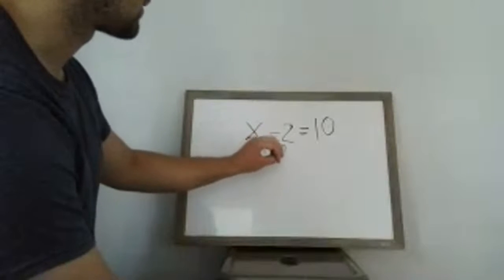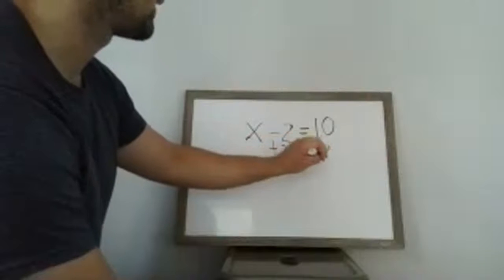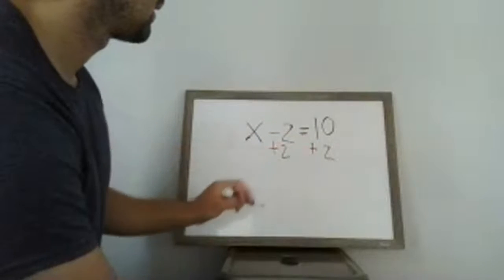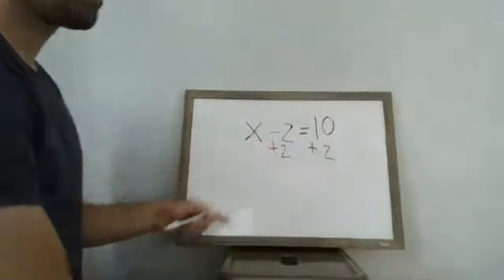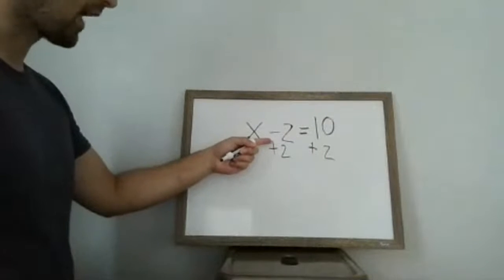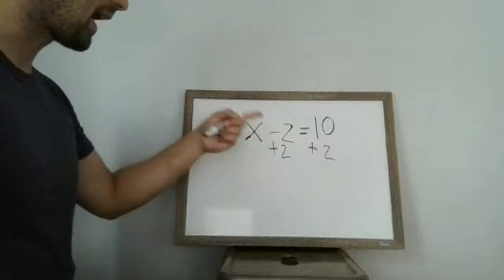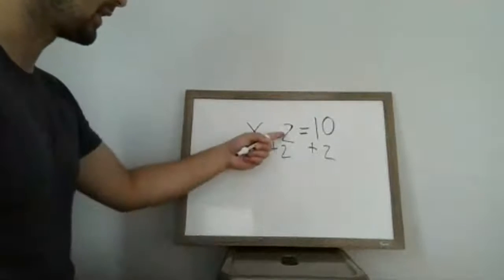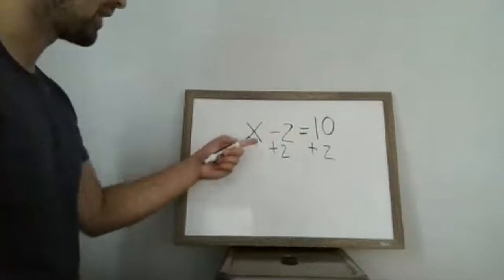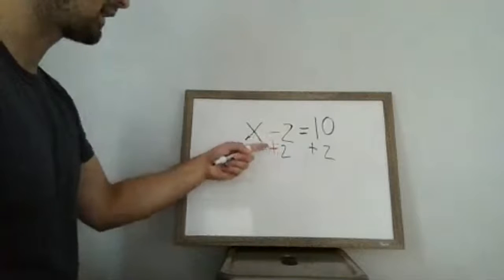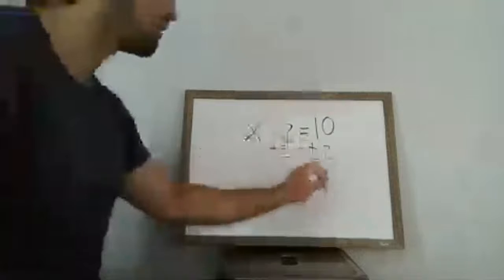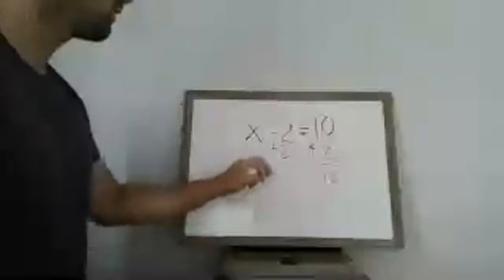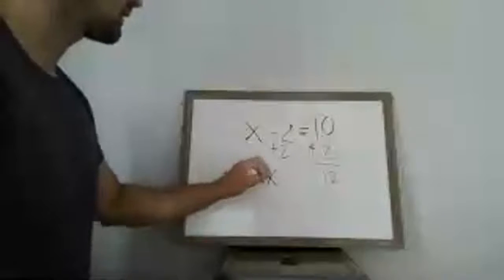So to get the 2 on the other side of the equal sign, move it over here. Now notice the operation for this one is subtraction. So we always do the opposite of what the operation is to get the number on the other side of the equal sign. So since this is subtraction, we're adding here. So plus 2, plus 2, 10 plus 2 equals 12. So x equals 12.